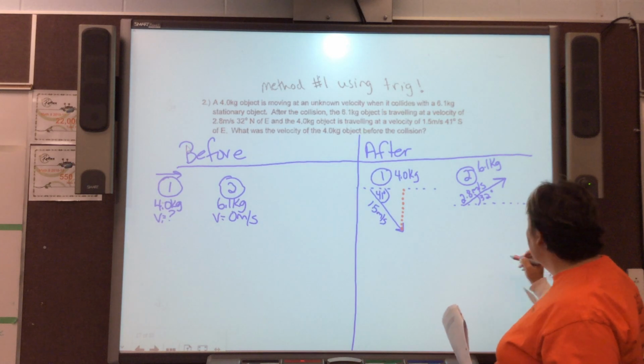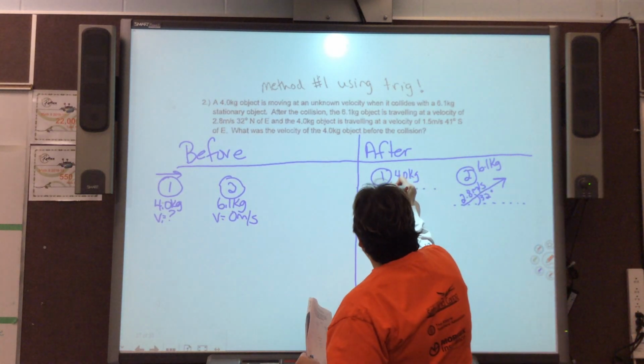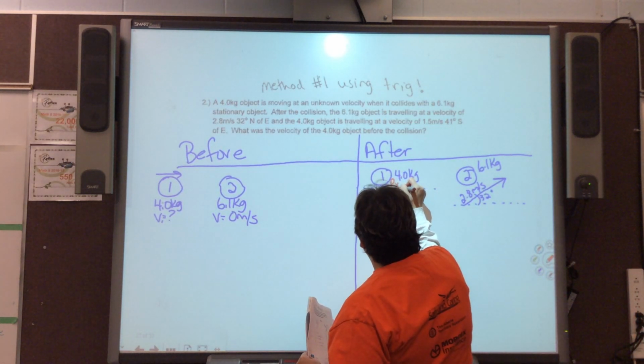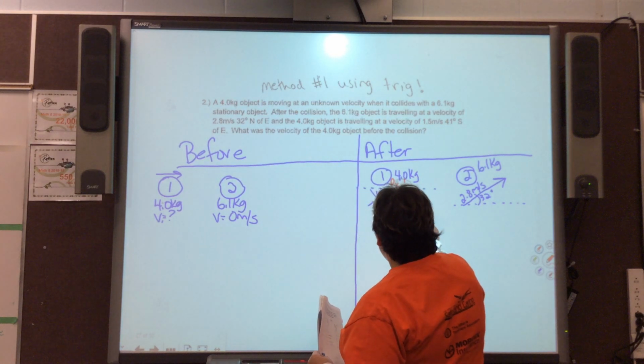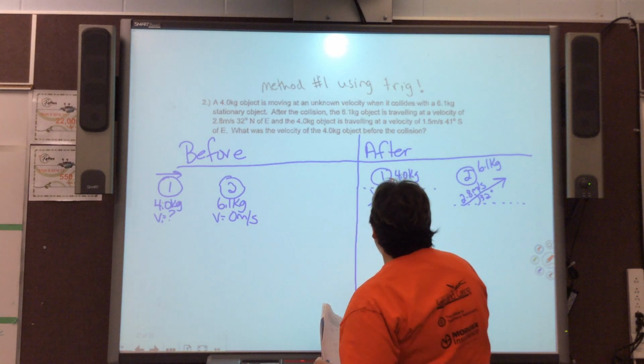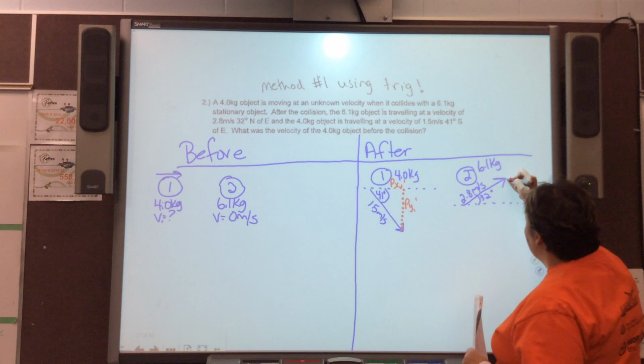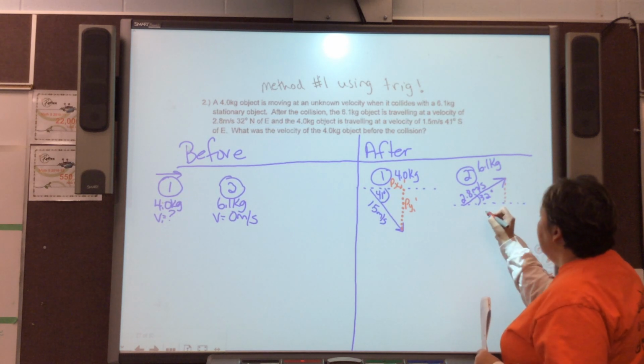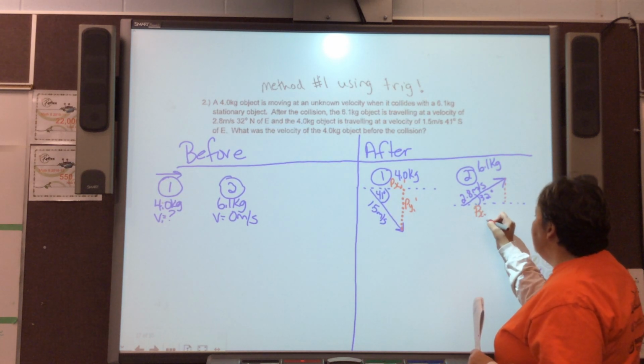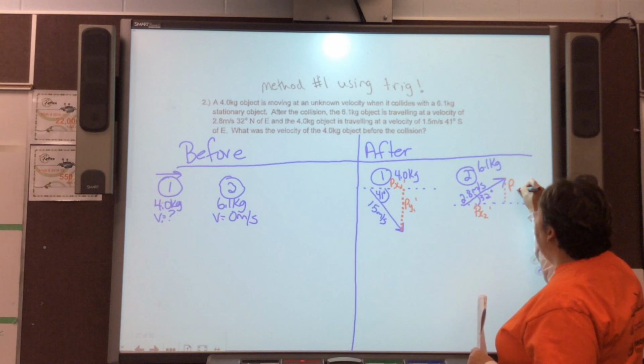I'm going to change my thickness. We're going to have P of x1 prime, P of y1 prime here. And here we have P of x2 prime, and here we have P of y2 prime.